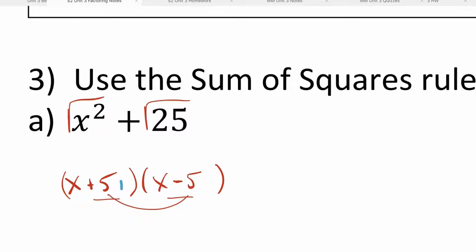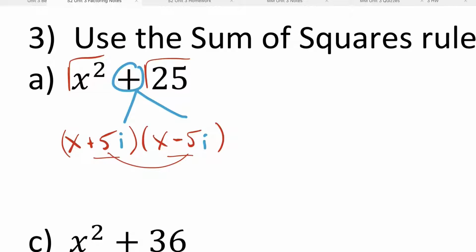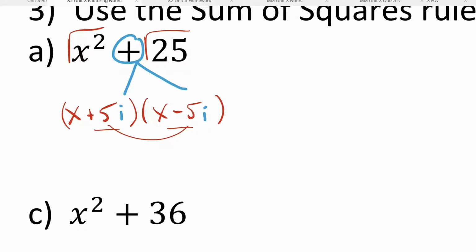So we would need to put in an i because it's positive. Now if we were able to distribute, we would get -25i squared. And i squared is negative, so it would change its sign to be a positive 25. And if you don't believe me, just go ahead and distribute like we did before, and that would hopefully clarify any questions you have.